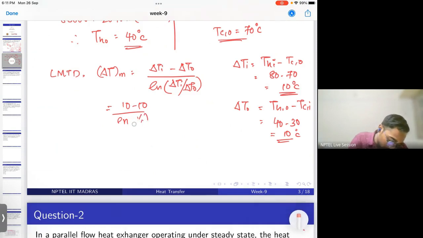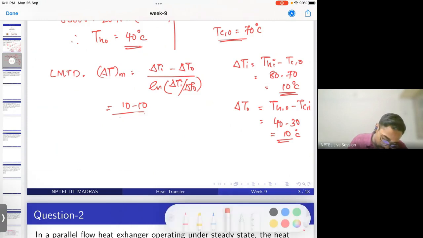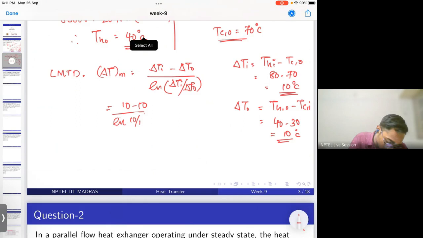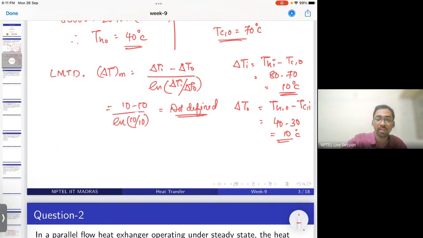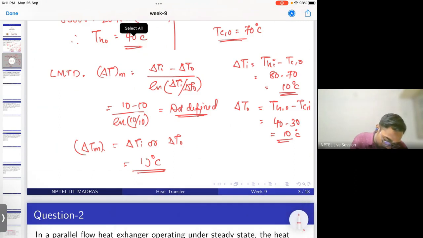So when this expression for LMTD is not defined, the LMTD of the heat exchanger we can write as either delta Ti or delta To. So the LMTD of this question is 10 degrees Celsius. Okay.